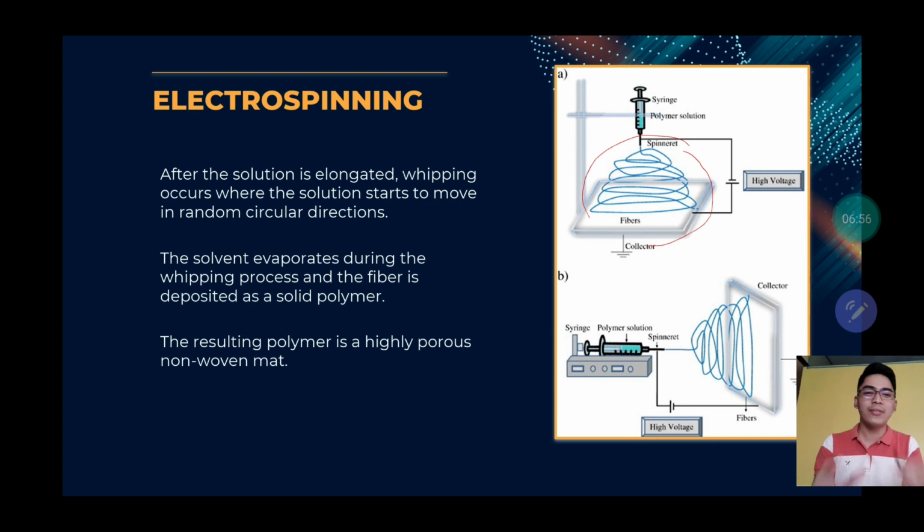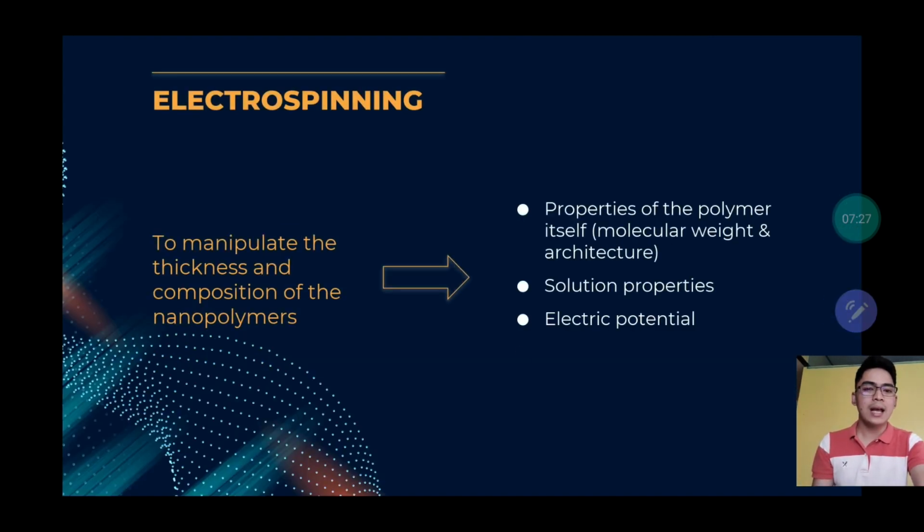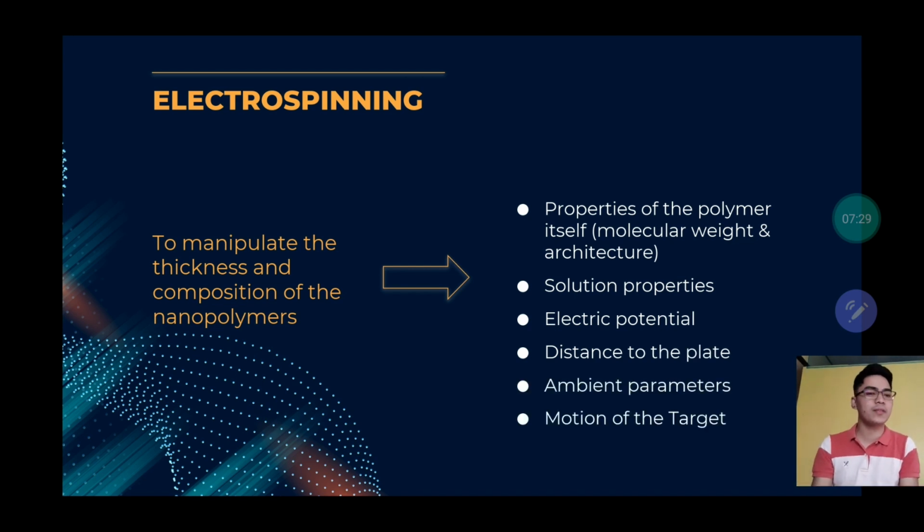So after the fiber has been produced, the solvent mixed in the solution evaporates, and this process solidifies our nanopolymers or nanofibers, and the resulting polymer is a highly porous non-woven mat. So the product of this technique is still fibers. These fibers are the raw materials that are used to create a woven mat or a polymer of a specific application.